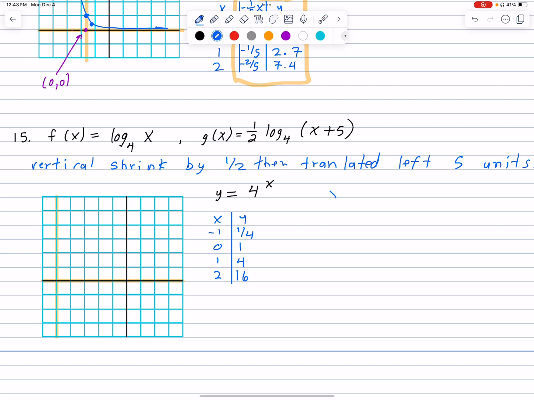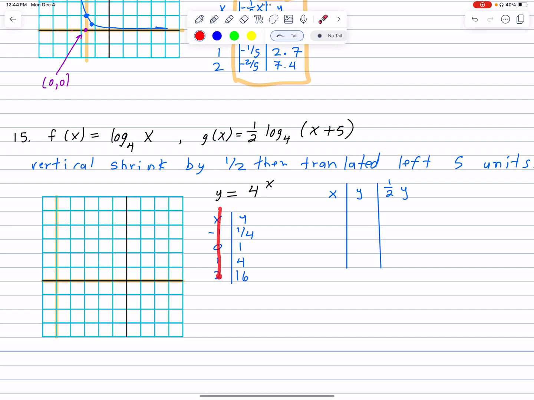So I'm going to have my x, I'm going to have my y, and then I'm going to have that stretch. So we're taking this function and shrinking it by 1/2. We're taking the y values and multiplying them by 1/2. So remember, we take the y equals 4 to the x table, and we flip the values.